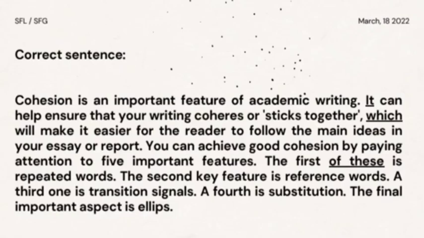You can achieve good cohesion by paying attention to 5 important features. The first of these is repeated words. The second key feature is reference word. A third one is transition signals. A fourth is substitution. The final important aspect is ellipsis.